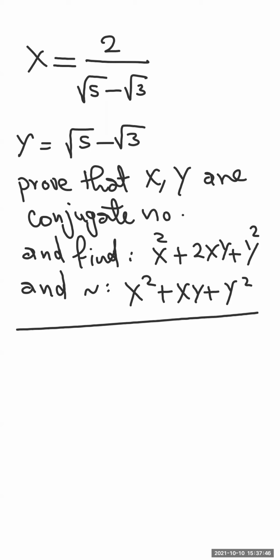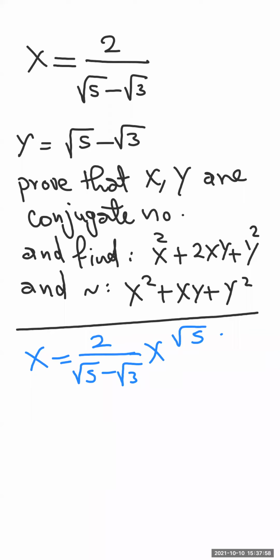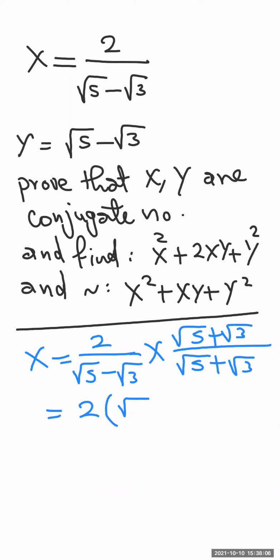To simplify x here, x will equal 2 over the square root of 5 minus the square root of 3, times the conjugate of that denominator, so the square root of 5 plus the square root of 3 over the square root of 5 plus the square root of 3. It will equal 2 times the square root of 5 plus the square root of 3 over first squared, which is 5, minus second squared, which is 3.